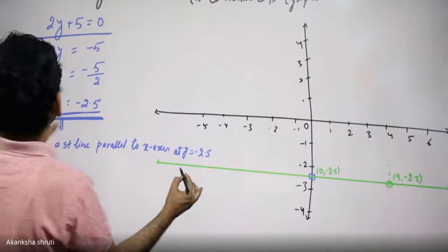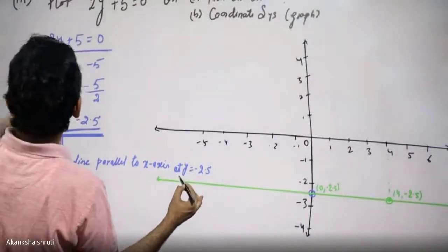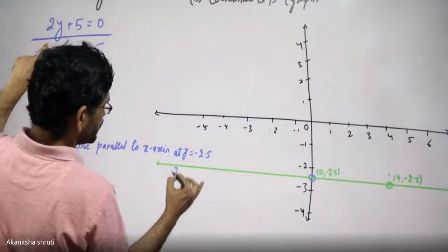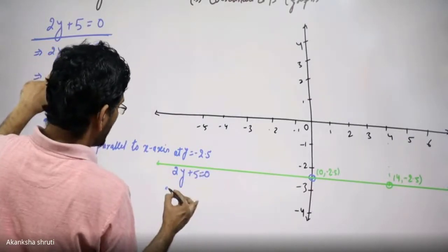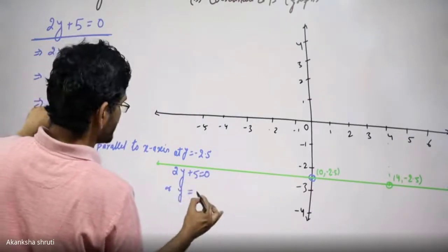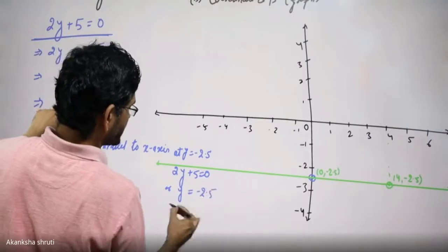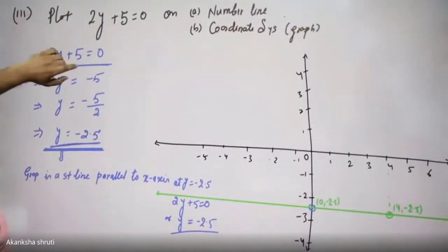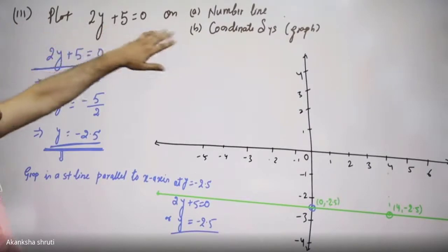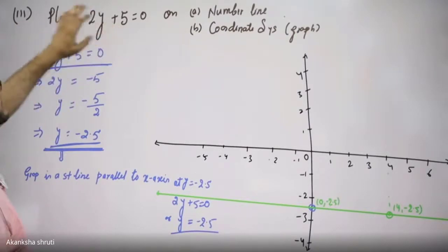The same thing. Over this, we can write even 2y plus 5 is equal to 0, or even y is equal to minus 2.5. Both mean the same, because these two are the same thing. So simple kind of thing, students. But if it is asked to plot on the number line, then very easy.